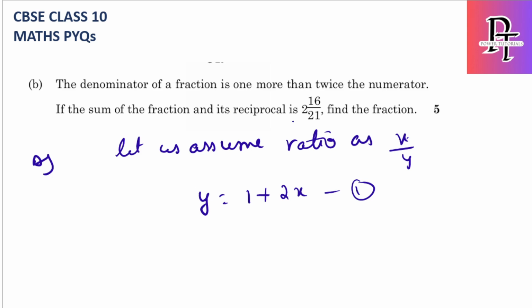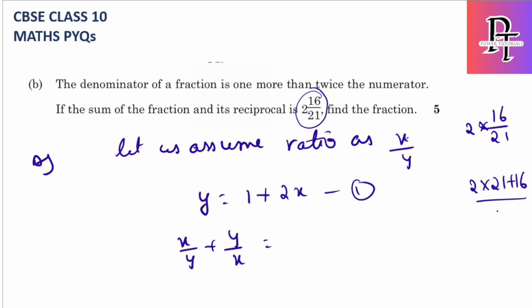Sum of the fraction and its reciprocal. Fraction is x by y. Reciprocal y by x is 2 16 by 21. Okay, this is a mixed fraction. So first we have to convert the mixed fraction into an improper fraction. So how to convert it? However, we have to write it as 2 into 21 plus 16 by 21.